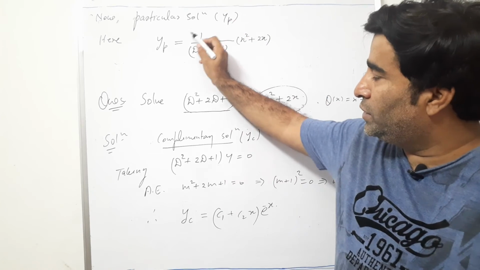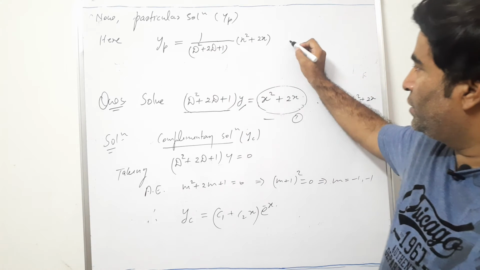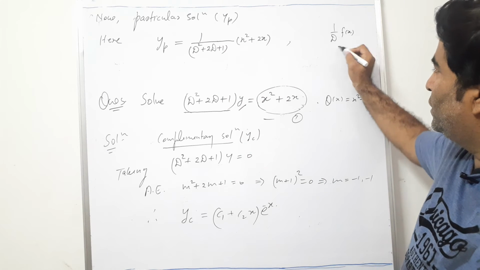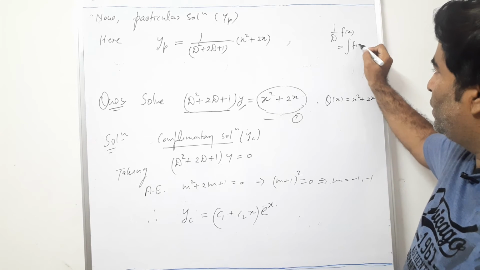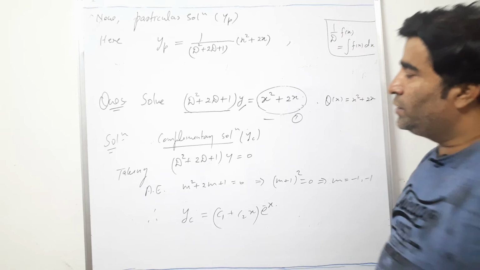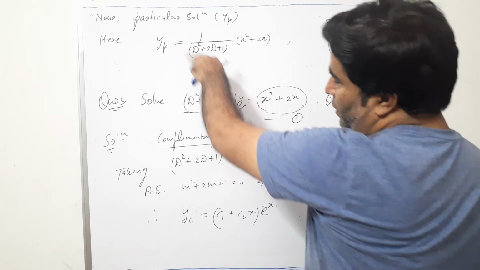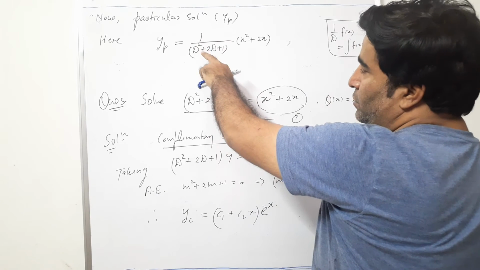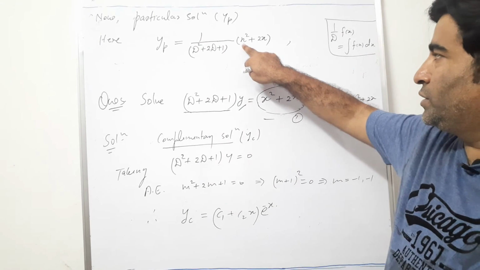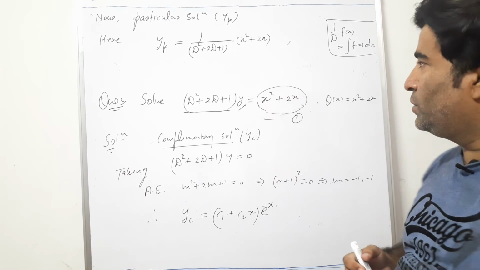This is an operator, just as the integral of f(x) dx is an operator. Similarly, we have an operator of the type 1 upon D square plus 2D plus 1, which operates on the function x square plus 2x.